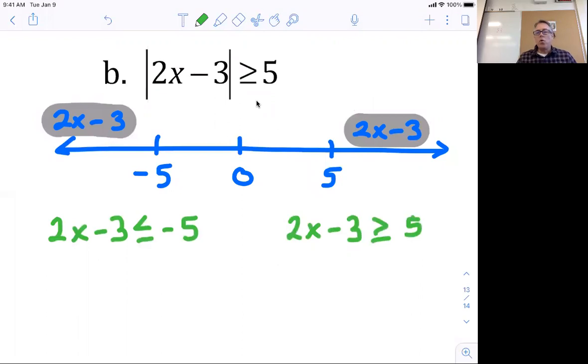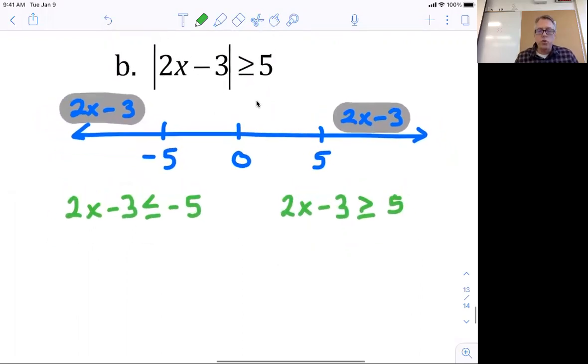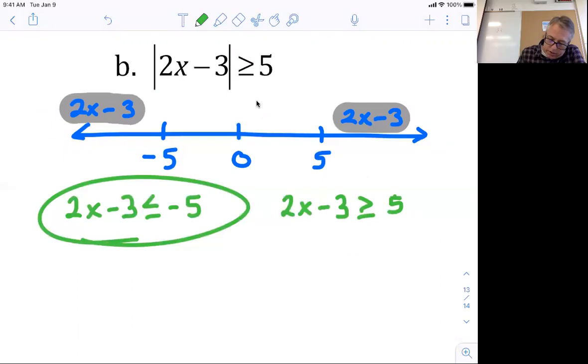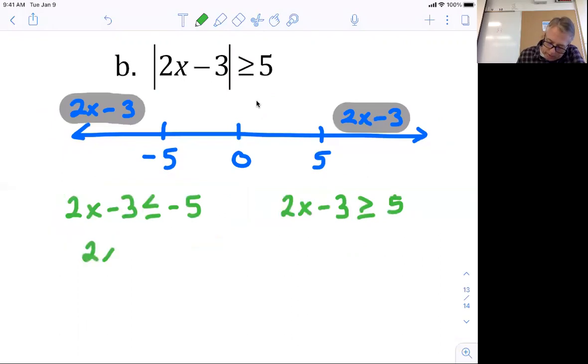And so now we want to solve the two green equations. When we solve that, these are just our regular inequalities. So I'll move the 3 over. I get 2x is less than or equal to -2. X is less than or equal to -1.